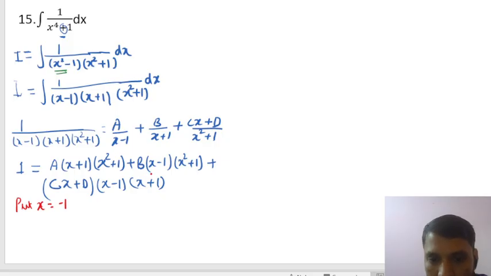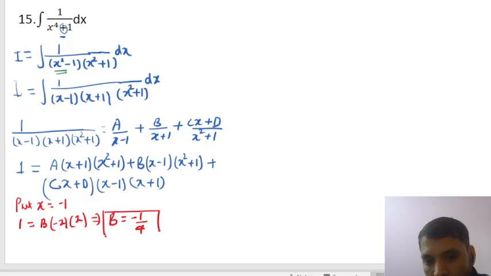So only we will have b, means 1 will be equal to b into (minus 1 minus 1), so it is minus 2, and (minus 1) square plus 1 is 2. That means from here we are getting b is equal to minus 1 upon 4.